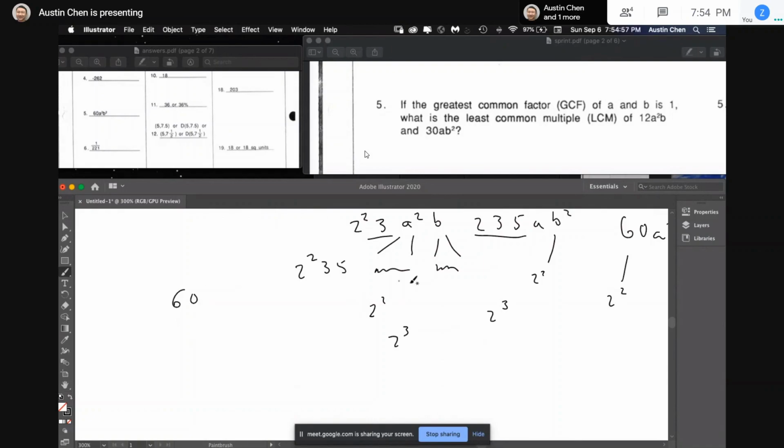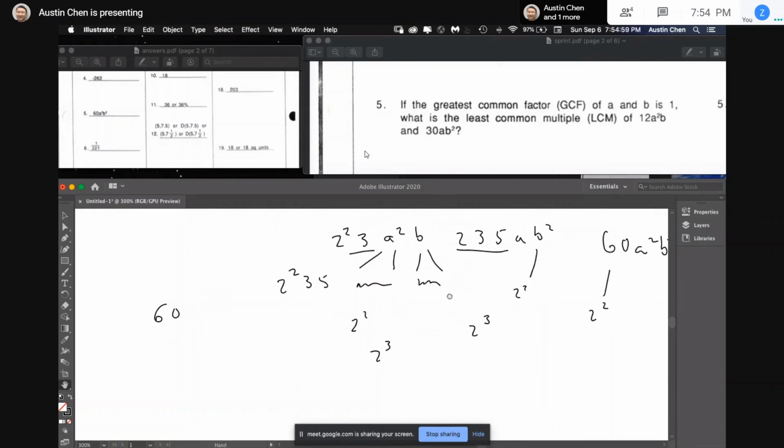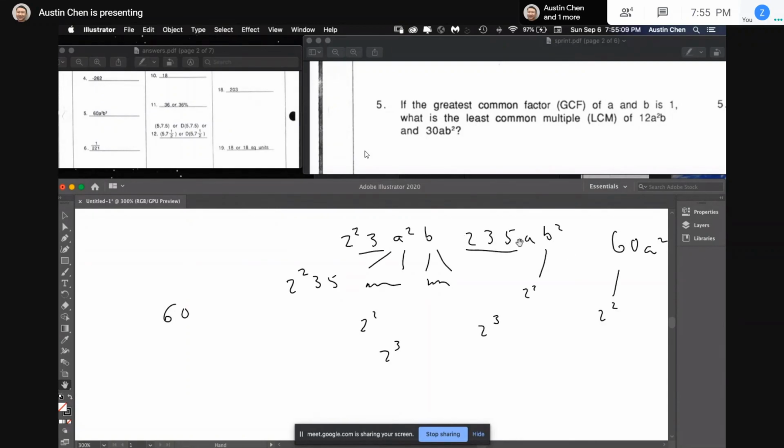And so we can treat A and B like they were primes, and then we just look at which one has the greatest power of A and B. And the reason we can do that is because they're relatively prime.